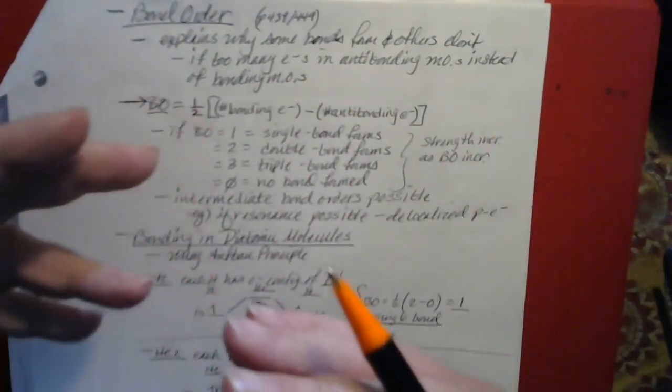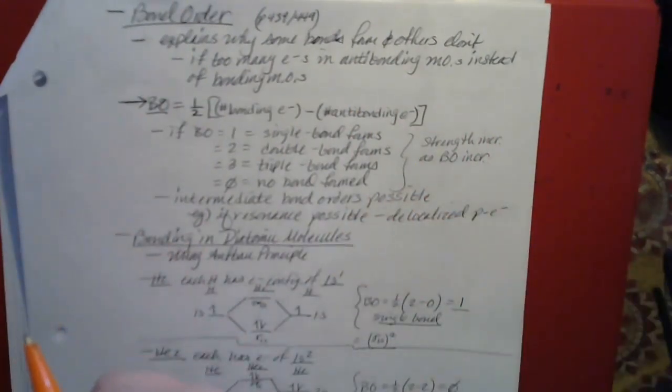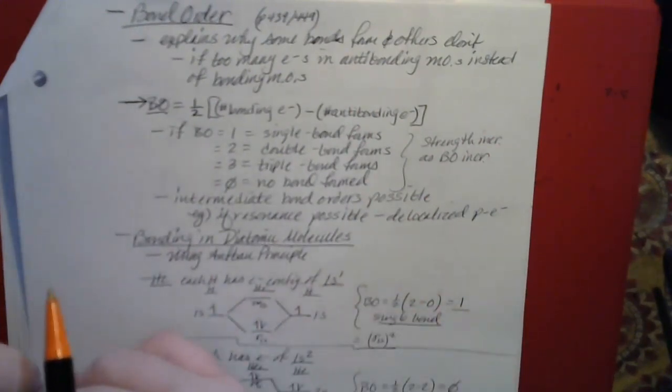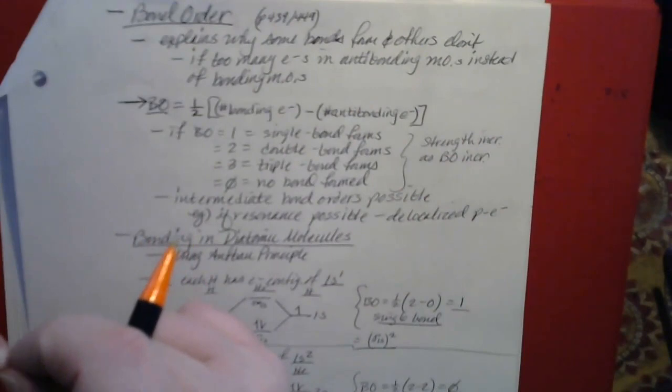Okay, so if the number of electrons in bonding molecular orbitals is greater than the number of electrons in anti-bonding molecular orbitals, then the bond will form, although it may be weak. If you end up with the same number of anti-bonding electrons as you have bonding electrons, then the bond doesn't form.